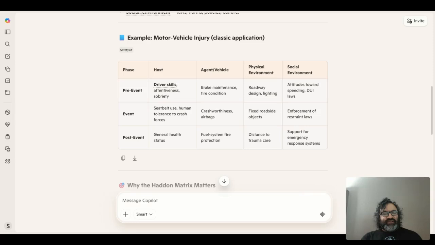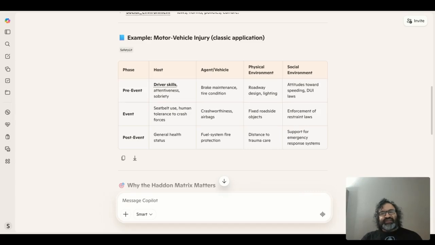So this is the structure of the matrix, and you have the pre-event, the event, and the post-event. What's the host here for pre-event? The host is knowledge, behaviors, and impairment. Then the agent is the condition of equipment or energy source, and then environment is road design and lighting policies.